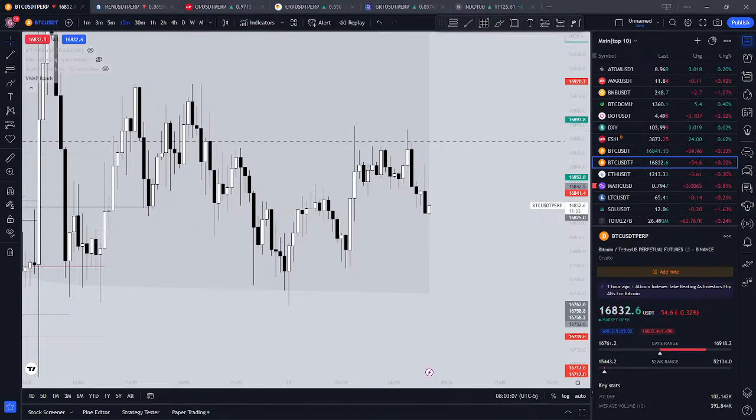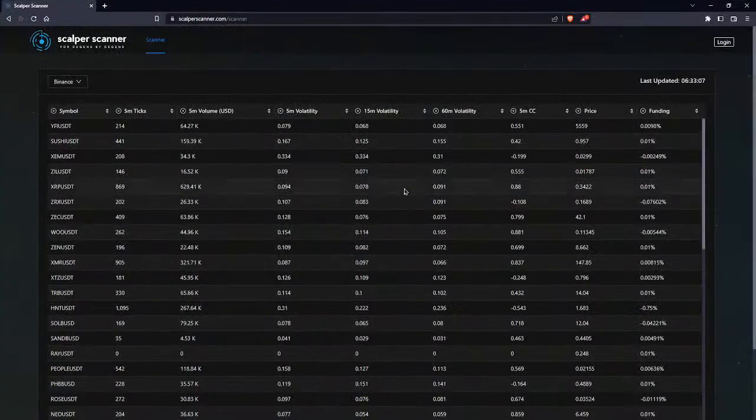So one thing that I've been recently incorporating is this website. It's called Scalper Scanner, and this has been suggested by AOC. So yeah, let's take a look at Scalper Scanner, if you guys can see it here.